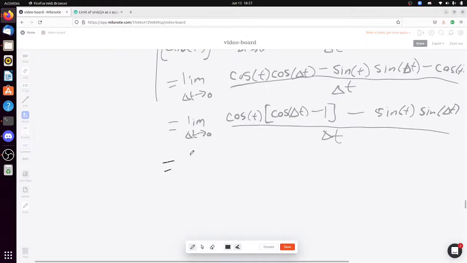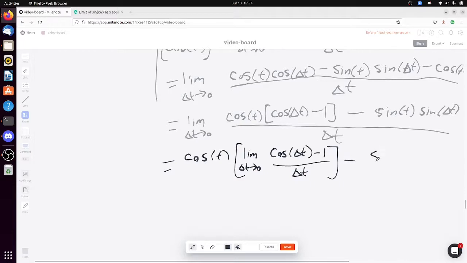We're talking about cosine of t times the limit as delta t approaches 0 of cosine delta t minus 1 over delta t, and we have minus sine of t times the limit as delta t approaches 0 of sine delta t over delta t. So same story as before. Almost running out of room there.